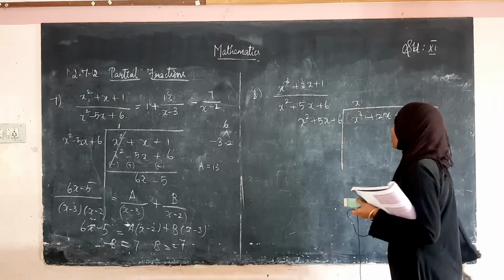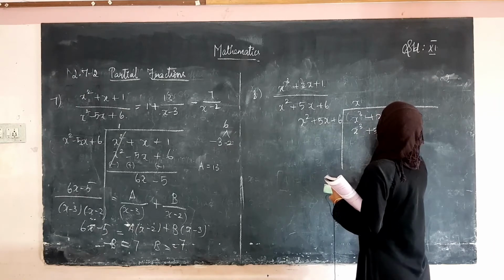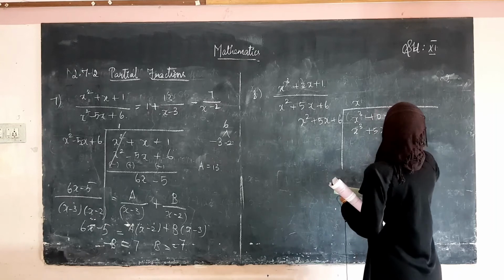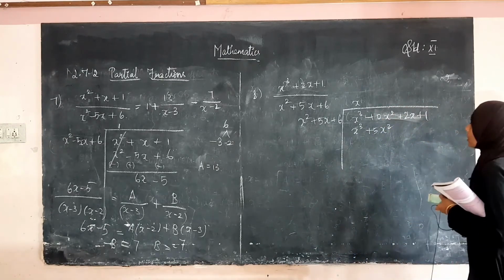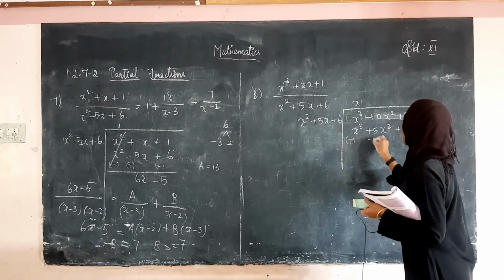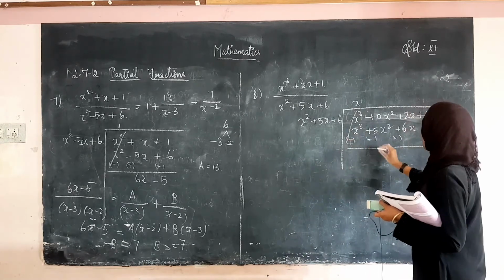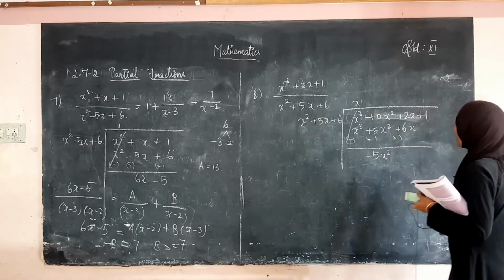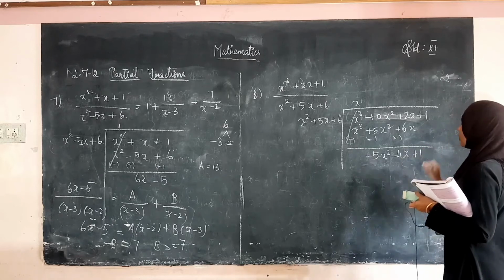So x alone. So what happens? X cube plus 5x square. See here we don't have x square term, right? So therefore we are making it as plus 0 into x square, plus 5x square plus 6x. Change the symbol. This term becomes 0. Minus 5x squared, minus 6x plus 2 is minus 4x plus 1.